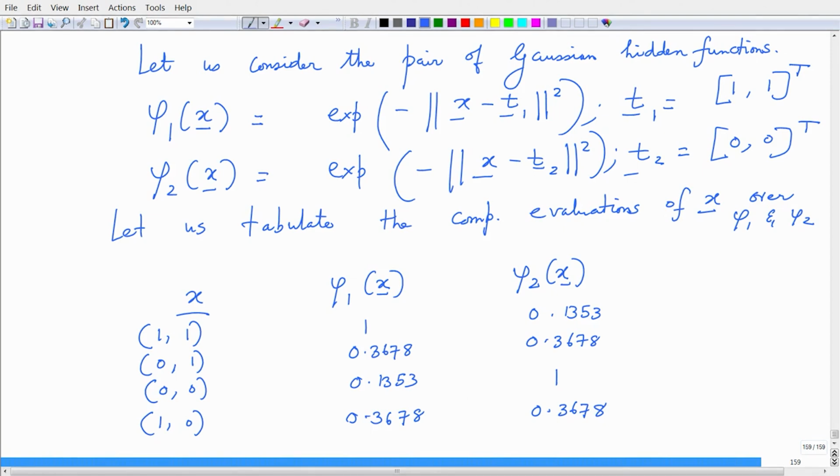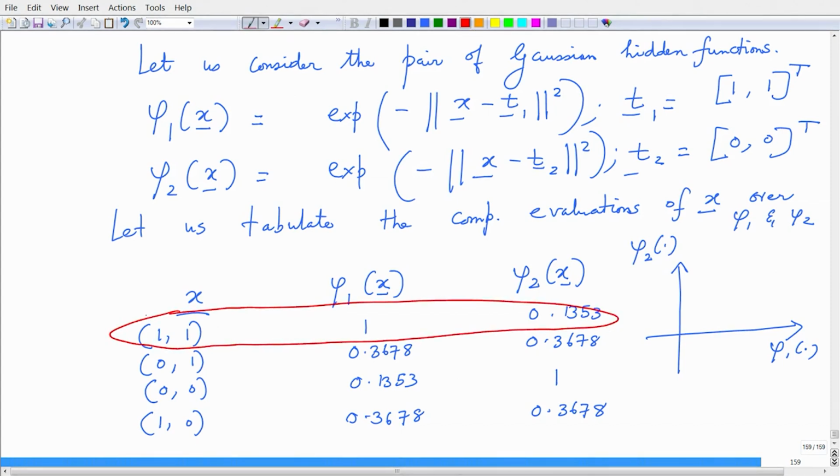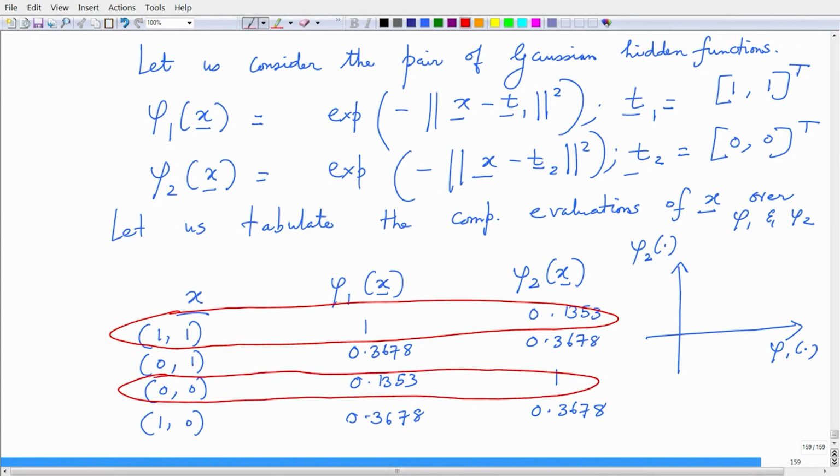Now what would be interesting is to plot this in the phi1 phi2 plane. If you observe the points 1 comma 1 and 0 comma 0, they give you two different coordinates, right.